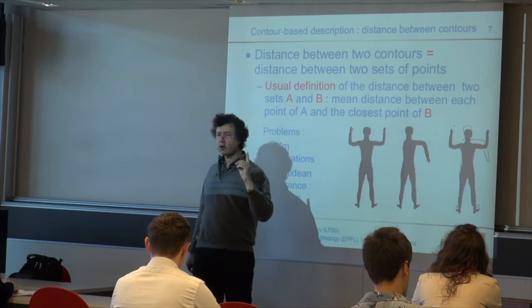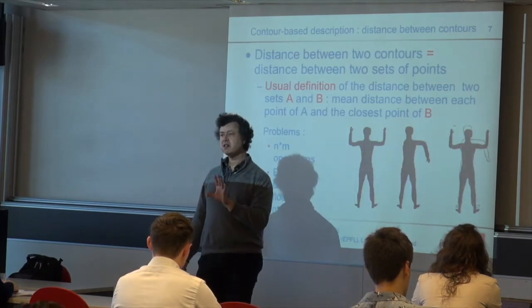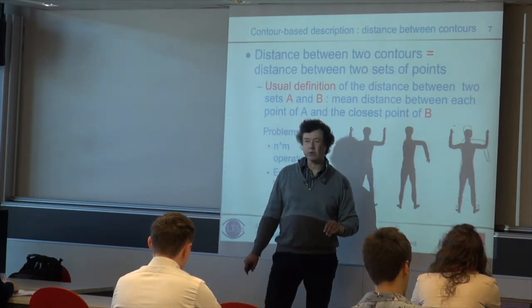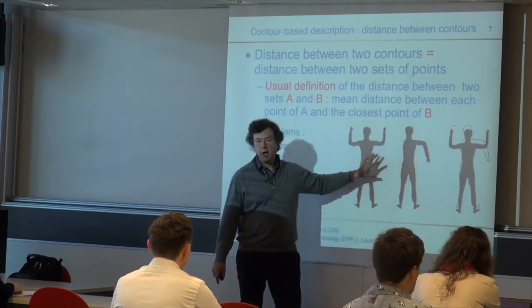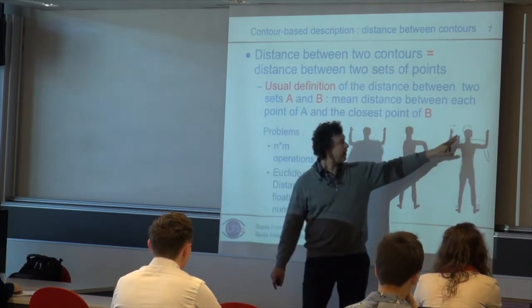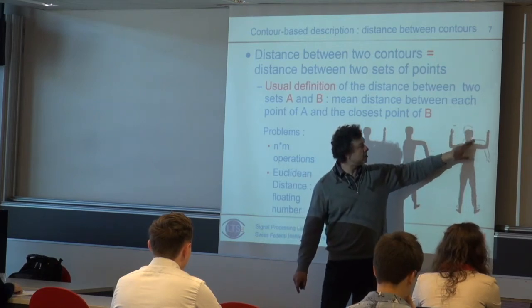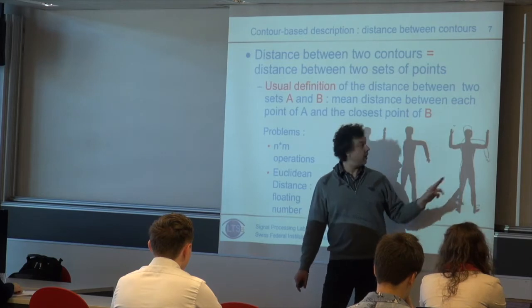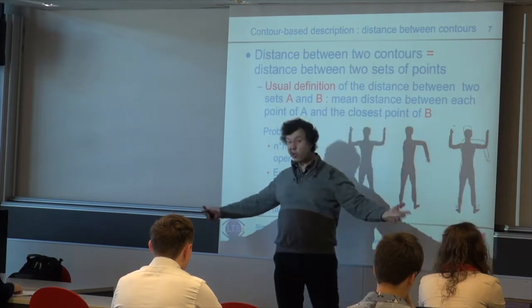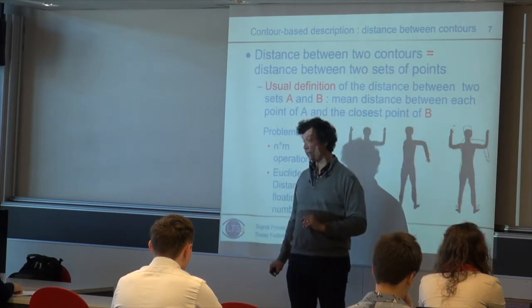You might already see that it's not necessarily exactly what I want. But at the end of the day, I can say those two shapes are pretty similar because if I superpose them, the distance between A and B is pretty small. And if one of the shapes would be a dog, the distance would be much bigger.